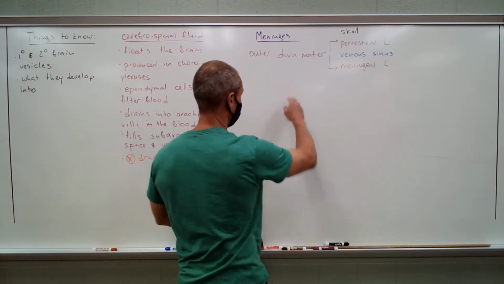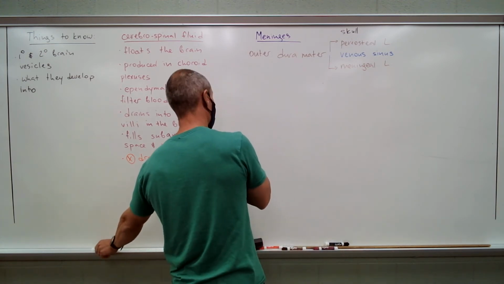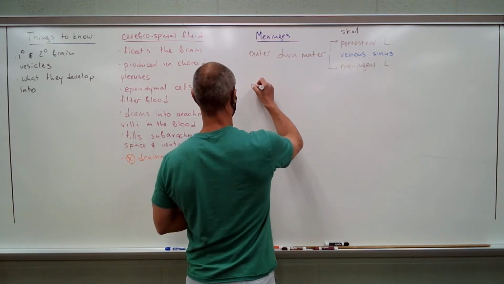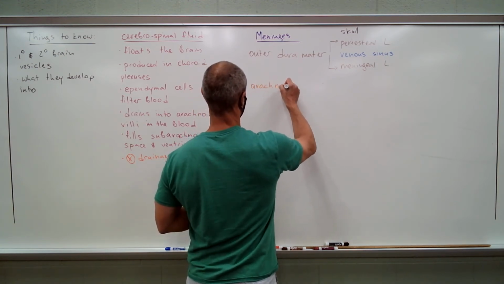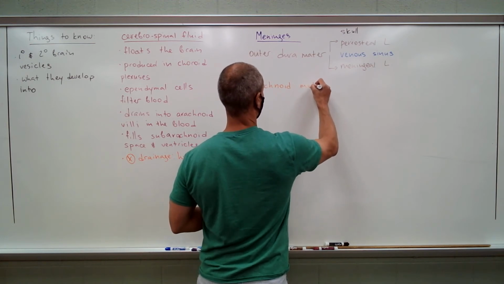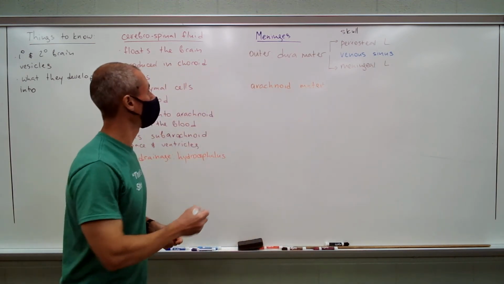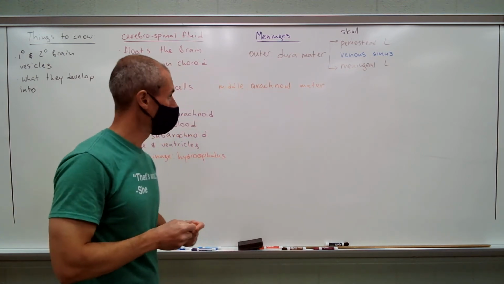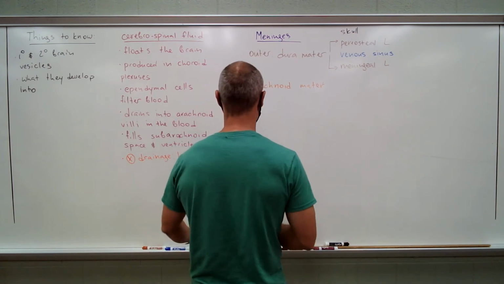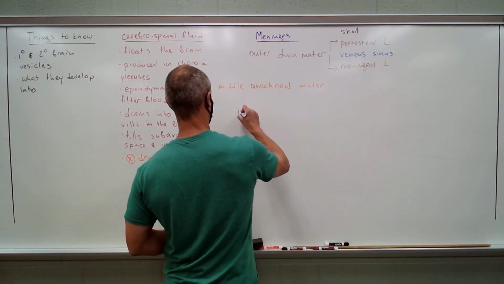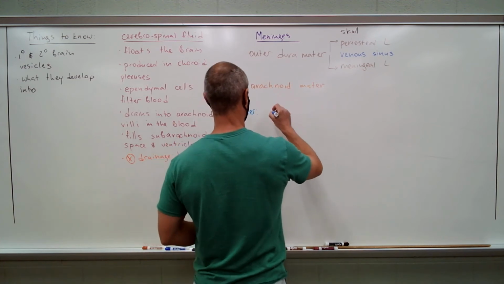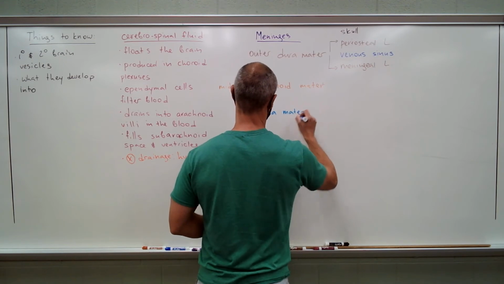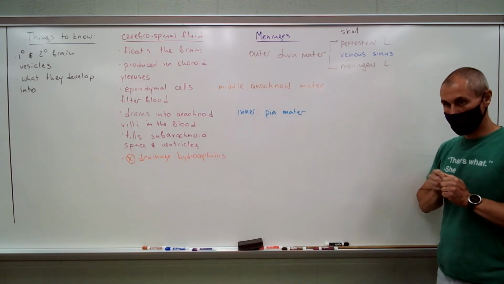Next layer here. Arachnoid matter. Okay, middle. And then here, the innermost layer, pia matter. Good so far?